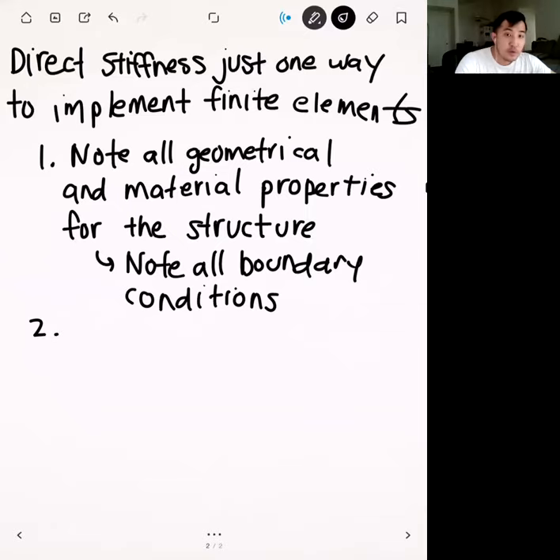The next step is we need to write down the element stiffness matrix for every single element.